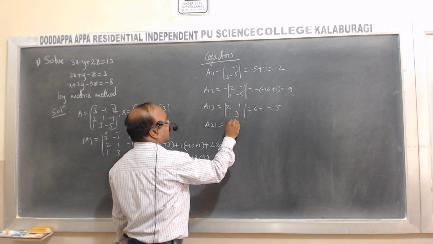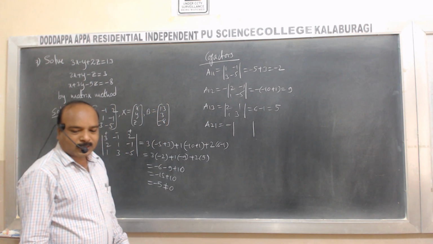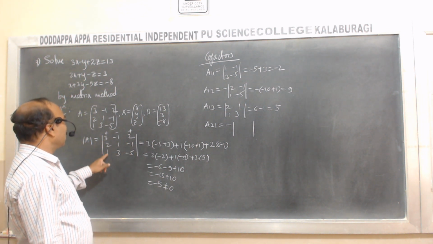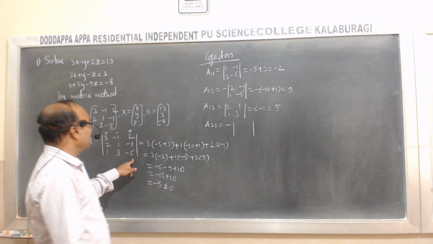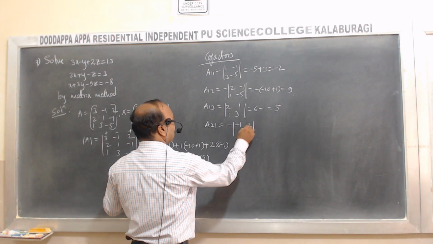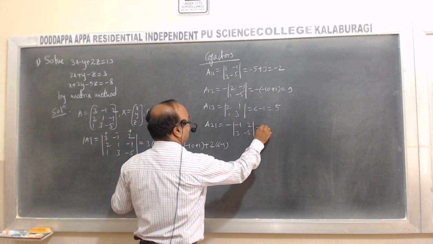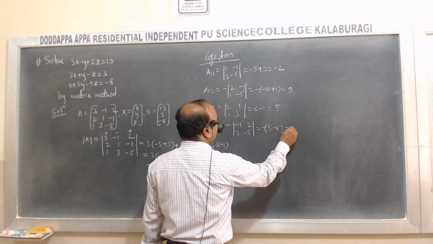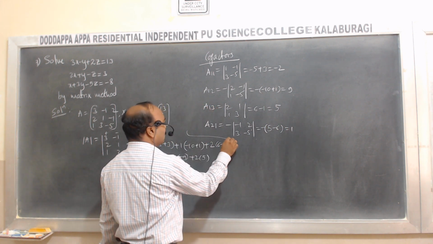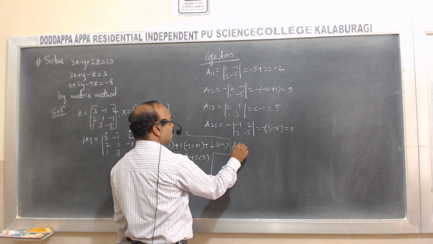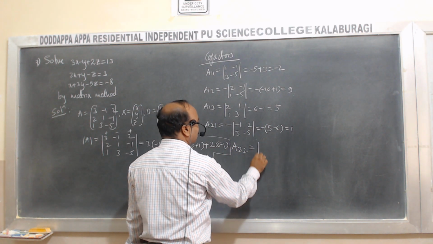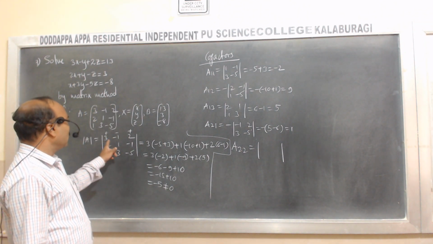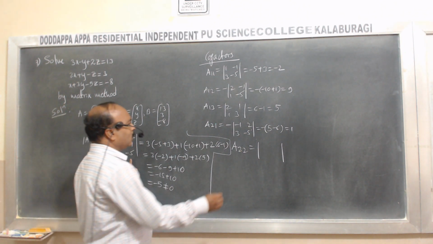Next A21, it is minus of the determinant because it is odd. Deleting this row and this column we get minus 1 2, 3 minus 5. So it is minus of (5 minus 6), minus of minus 1 is plus 1. Next we go for A22: deleting this column and this row you get 3 2, 1 minus 5.